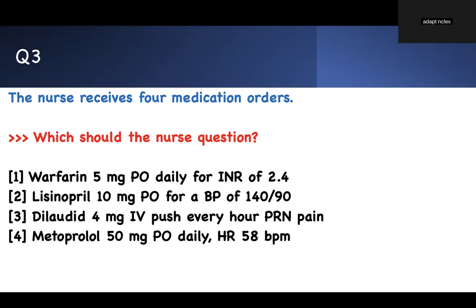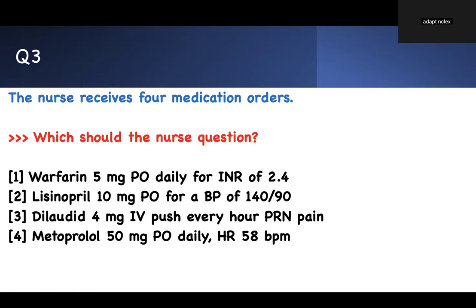Lisinopril 10 milligram PRN for a blood pressure of 140 over 90. And Dilaudid, which is a morphine derivative, an opiate, 4 milligram IV push every hour PRN for pain. Think about it. Metoprolol 50 milligram PO daily with a heart rate of 58 beats per minute.